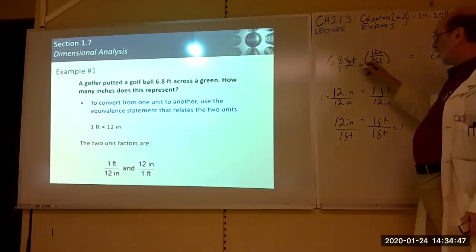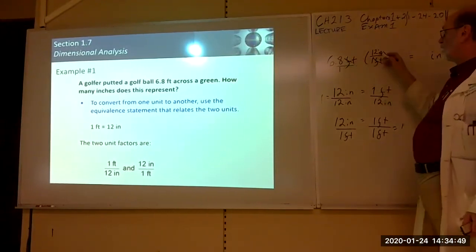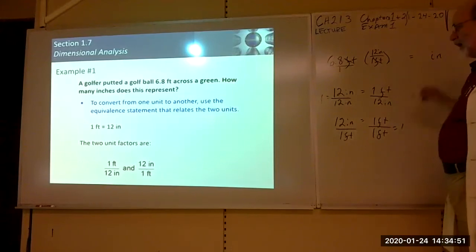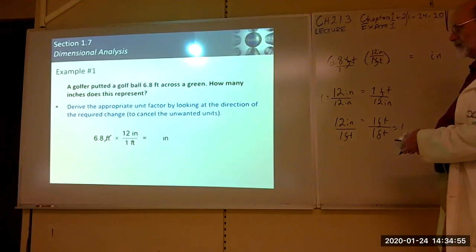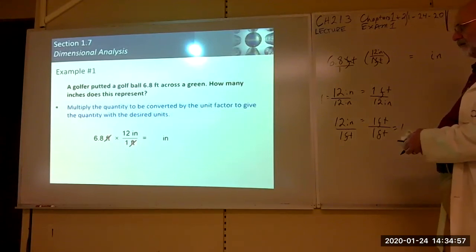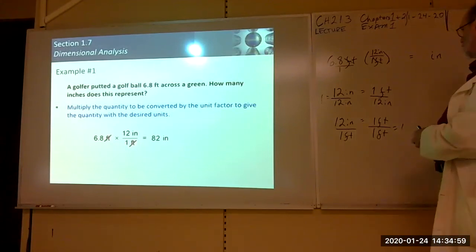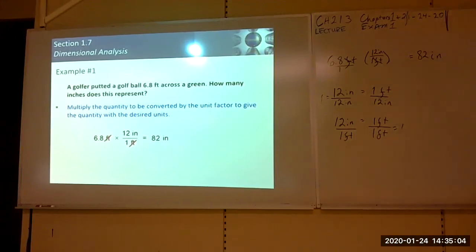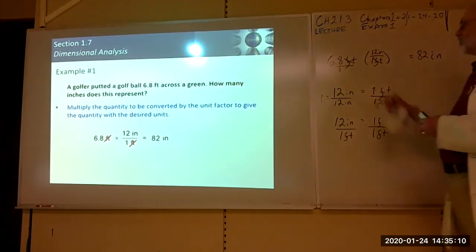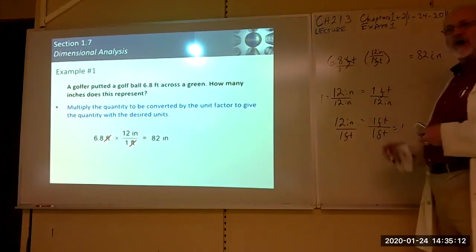Then we divide 6.8 by 1, which is 6.8, multiply by 12, and we get 82 inches. That's dimensional analysis. Use your units to lead you through the conversion process.